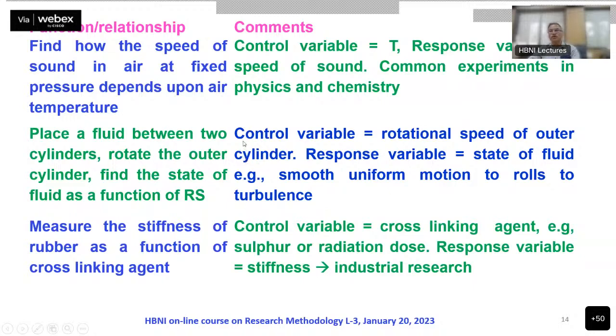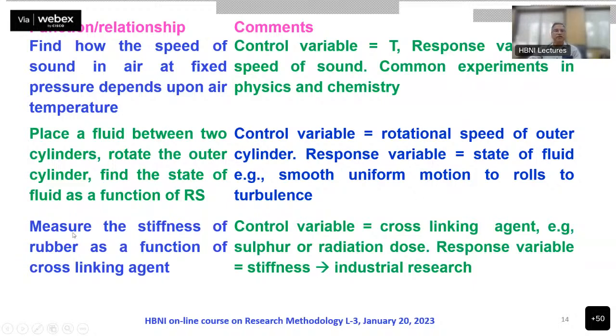So you have a control variable, that is the rotational speed of the outer cylinder, and the response variable is the state of the fluid. Initially it could be smooth, uniform motion. It can form rolls at higher speed, and later on there could be turbulence in the fluid. So you can study the effect of the rotational speed on the fluid.